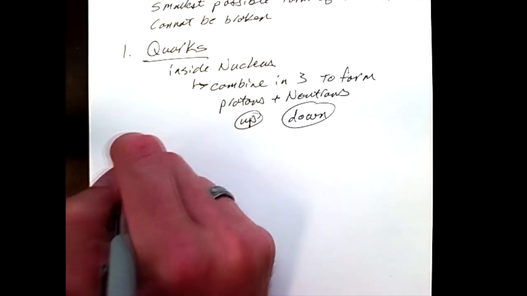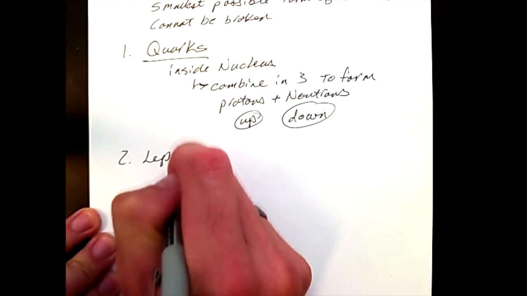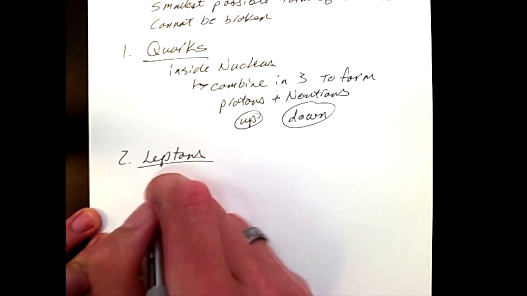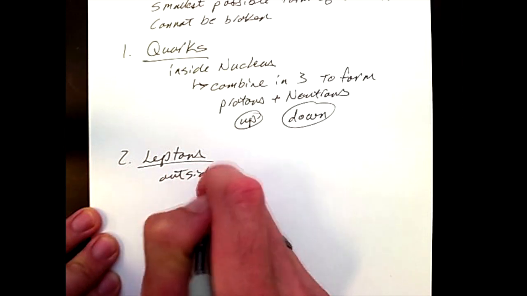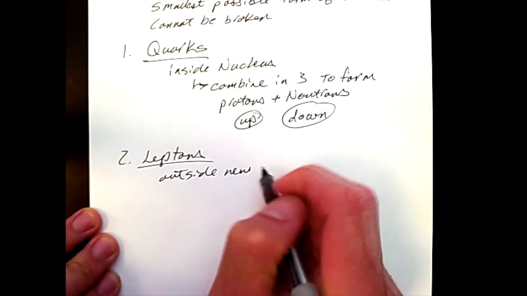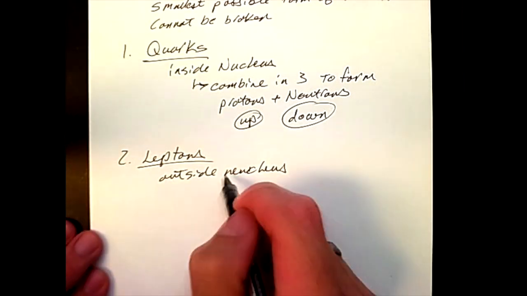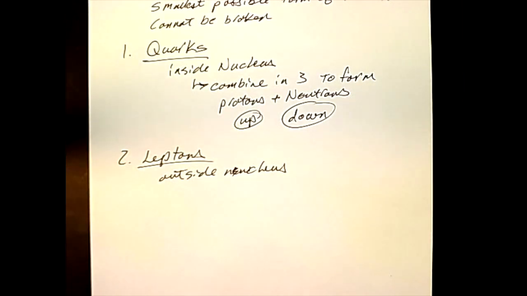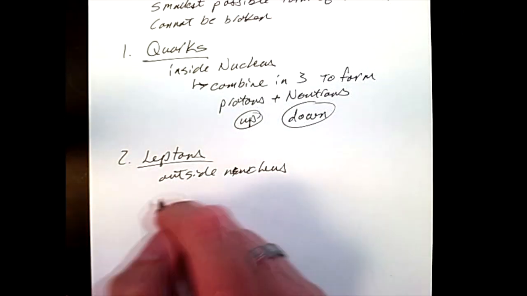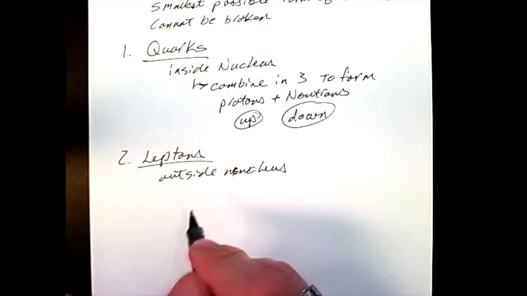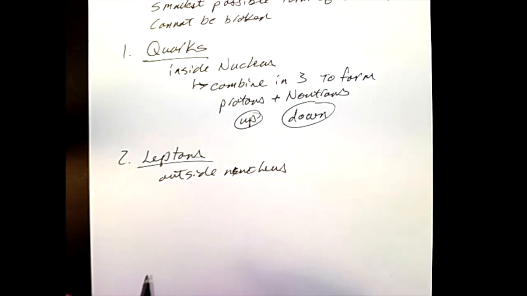Outside of the nucleus is our second fundamental particle category, which is called leptons. Leptons, of course, being found outside the nucleus, are easily identified as an electron is a lepton, but there are other leptons that are of relevance, especially when it comes to physics.